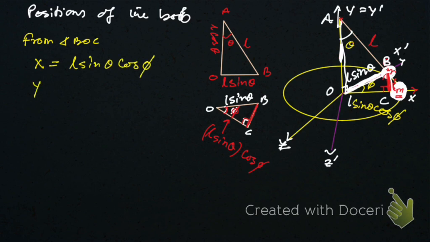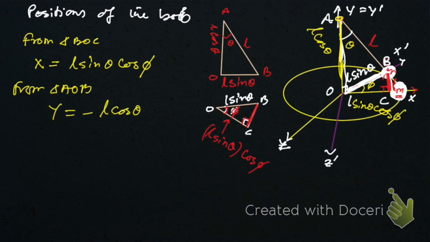Then y is equal to, here you see this is the y from the triangle AOB. This is in downward direction, so that will be considered as negative. So that is L cos theta, right? So minus L cos theta.